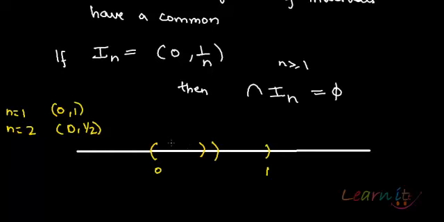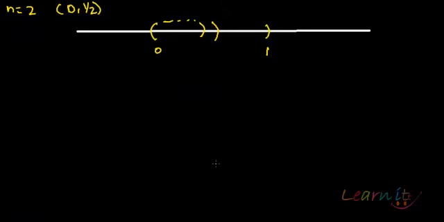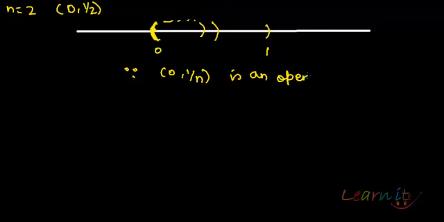It will keep on decreasing here. But what is happening? The intersection is phi, because these are open intervals. The point 0 is not there in the intersection because 0 to 1 by n is an open interval.